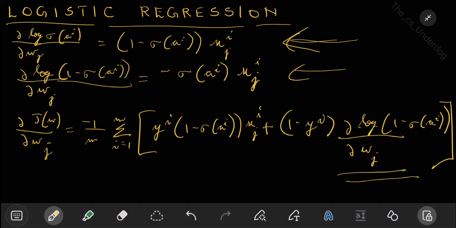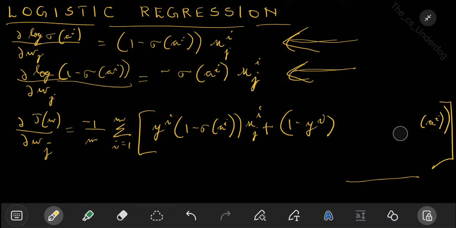Del by del wj of log 1 minus sigma ai. I can substitute this value. If I substitute that, this will become minus sigma of ai. So that minus I'll put here, minus sigma ai xji. Okay. So this is the derivative with respect to wj.